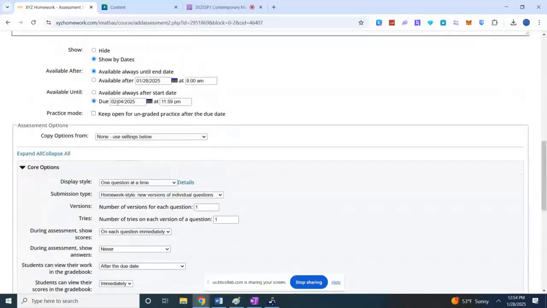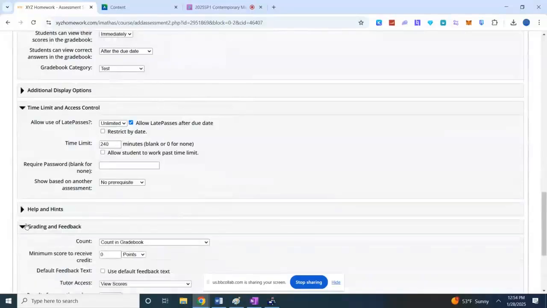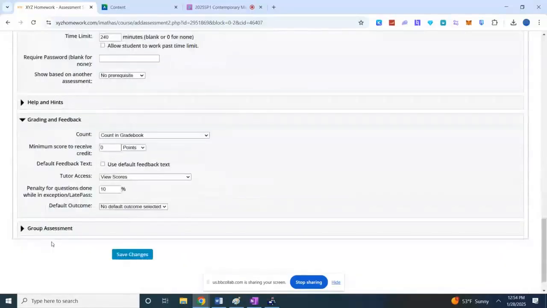It's open until February the 4th at midnight. If you take it past February the 4th at midnight, there's like a 10% penalty. So next Tuesday in class, we won't have the test. We'll just continue this test review.